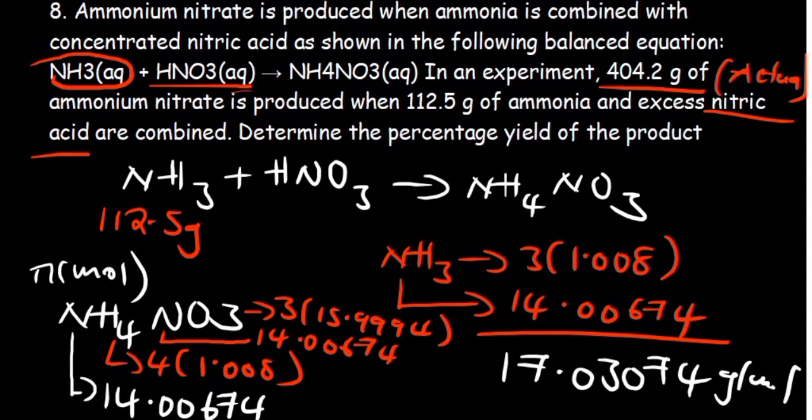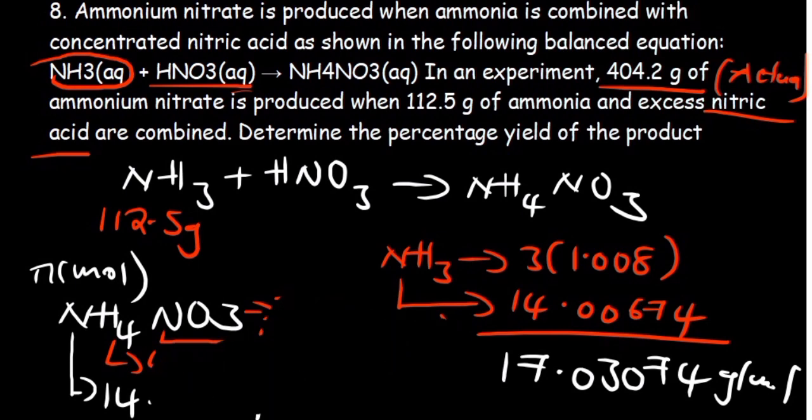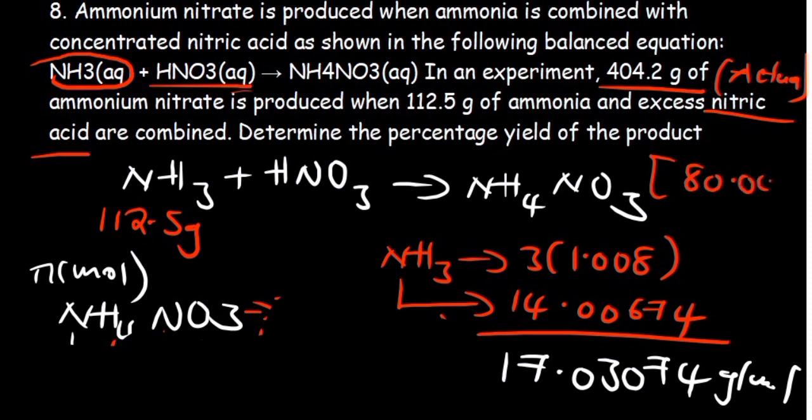So we will have 3 multiplied by 15.994 plus, we have 2 of the nitrogen there, so 2 multiplied by 14.00674 plus 4 multiplied by 1.008. Okay, so what are you getting after doing your calculations here? For the ammonium nitrate, I'm getting a molar mass of 80.04368.